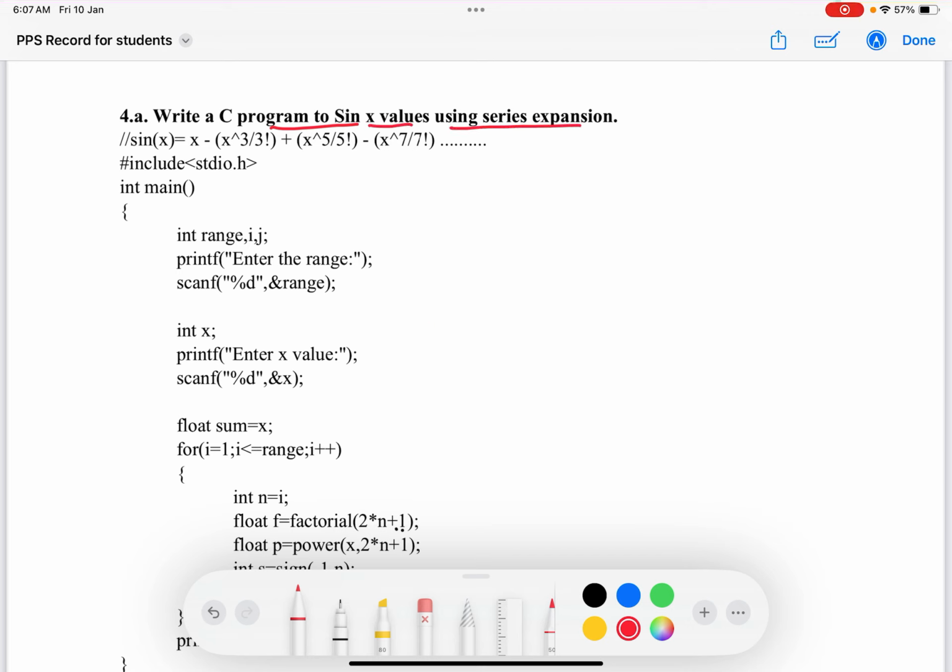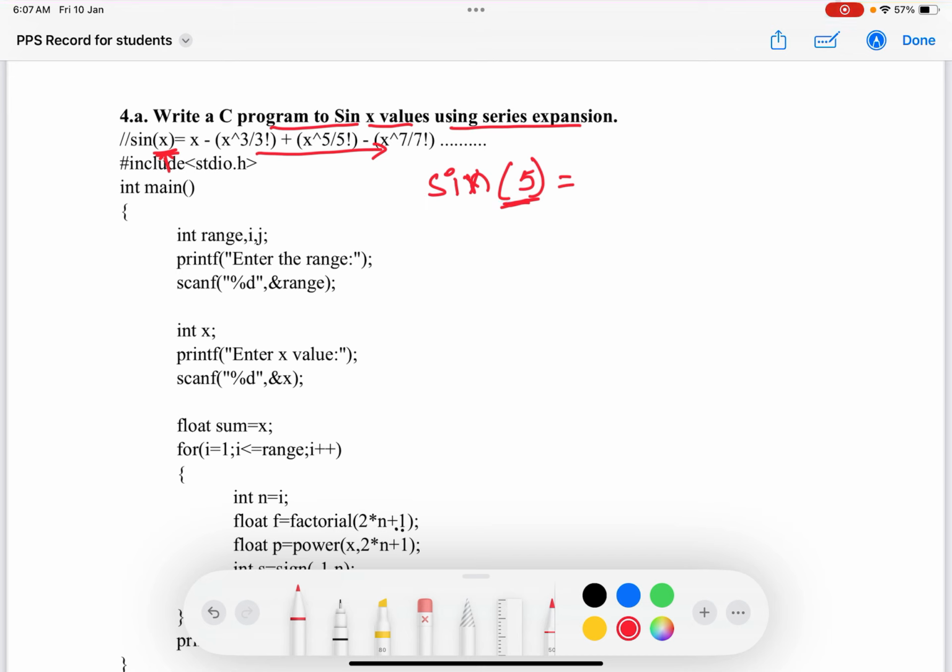Now this video is going to talk about a C program to find sin x values using series expansion. So this is the sin x series we will use to find the sin x value. That means we have to give input as x. Let's suppose sine of pi, then this is your x value.